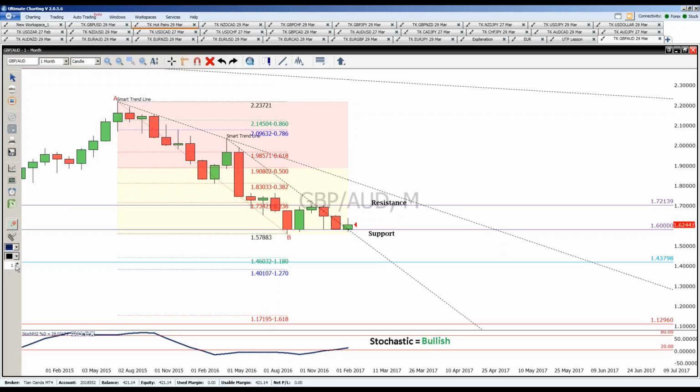For those who are a little bit unsure, have a look at this picture. We have an A. There's the A. We have a B. After the B low was established, did the market break a down inner trend line, yes or no?